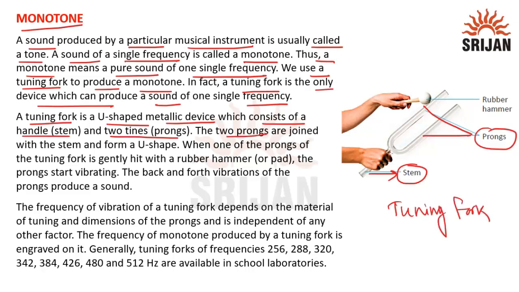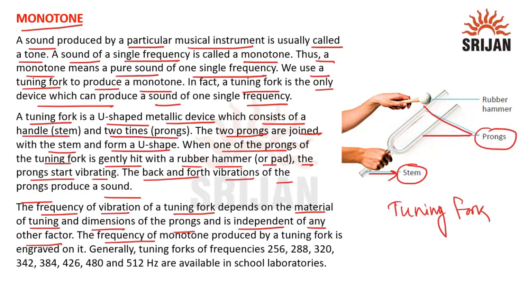Now, two prongs are joined with the stem to form a U shape. When one of the prongs of the tuning fork is gently hit with a rubber hammer or pad, the prongs start vibrating. The back and forth vibrations or to and fro vibrations of the prongs produce a sound. Now, the frequency of vibration of a tuning fork depends on the material of the tuning fork and dimensions of the prongs and is independent of any other factor.